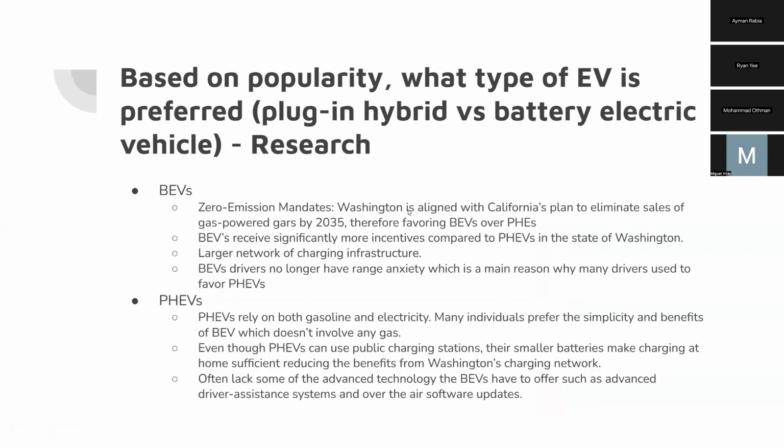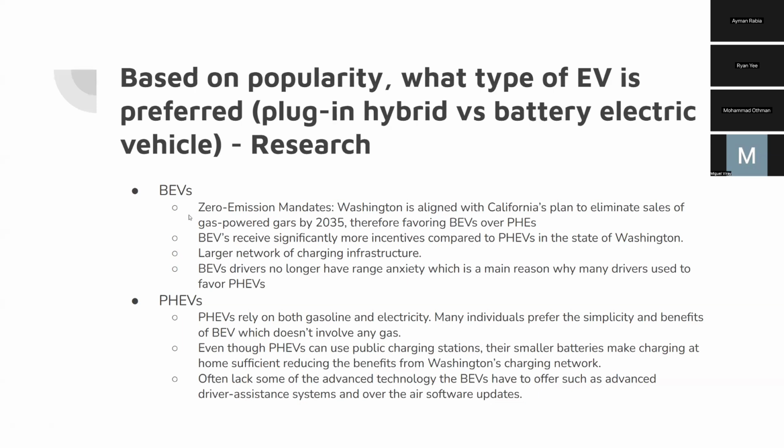And then here are some pros and cons between the two. Zero emission mandates: Washington is also aligned with California in eliminating the sale of gas powered cars by 2035, so people tend to favor battery electric. They also have a much larger network of charging infrastructure.